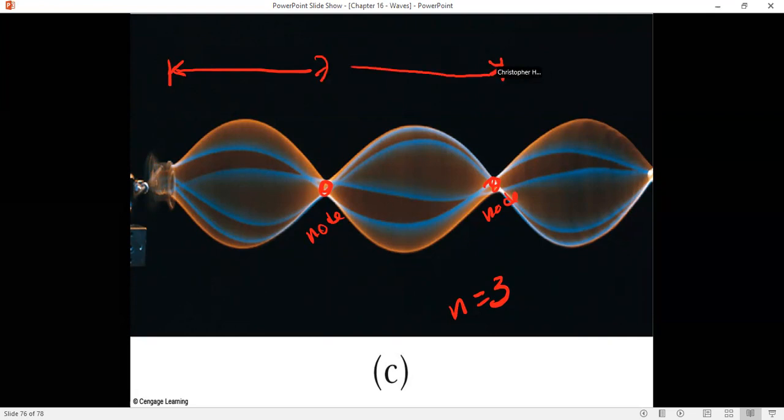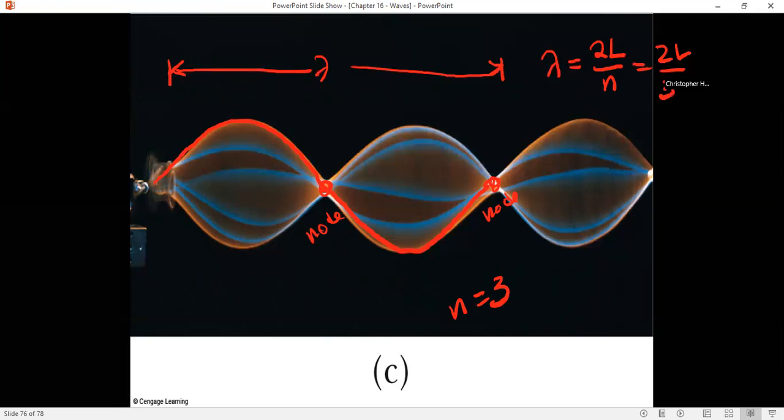If we follow this, here is one up, there's your peak, there's your trough. So that's one complete wavelength. And as we said before, the wavelength is equal to twice the length of the rope divided by n, in this case, 2L over 3, 2/3 the length.